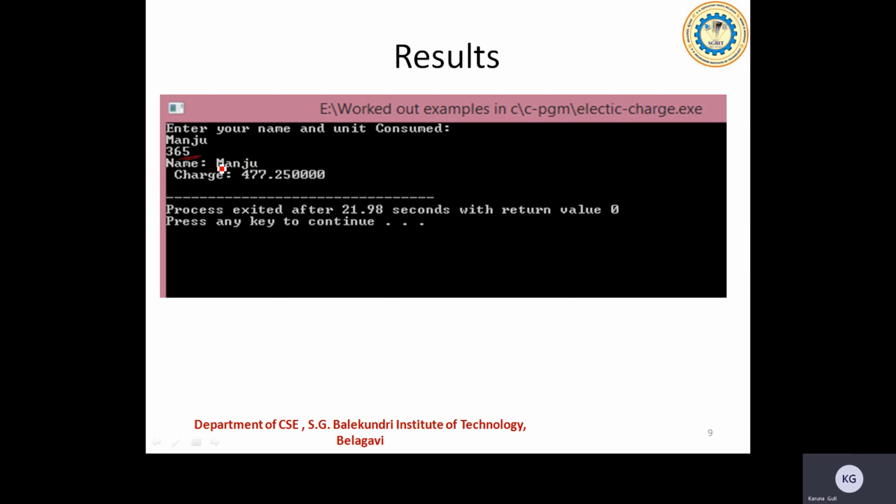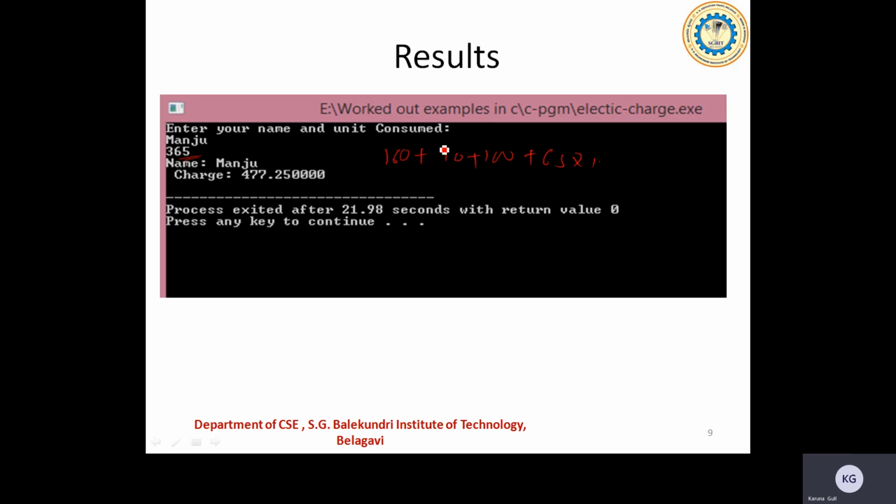If it crosses 400, that's what I was mentioning. If you look at 365 units, the total amount you need to pay: for the first 200 units, you pay 160. Then above 200 and till 300, you pay 90 rupees, plus the minimum 100, and for the above 65 units, 65 into 1 rupee.